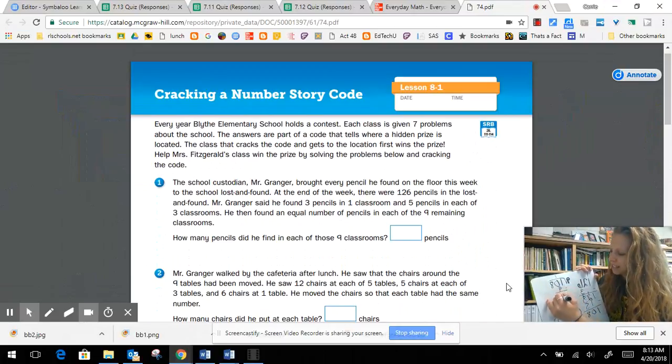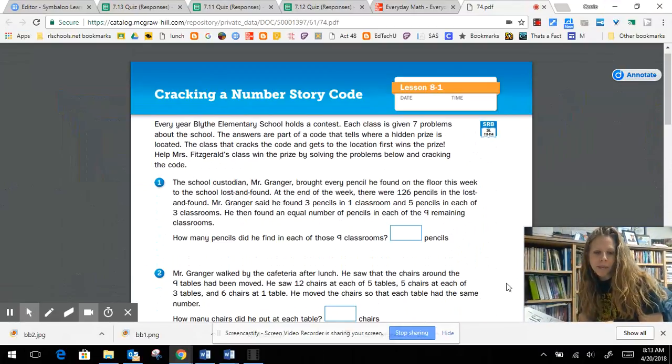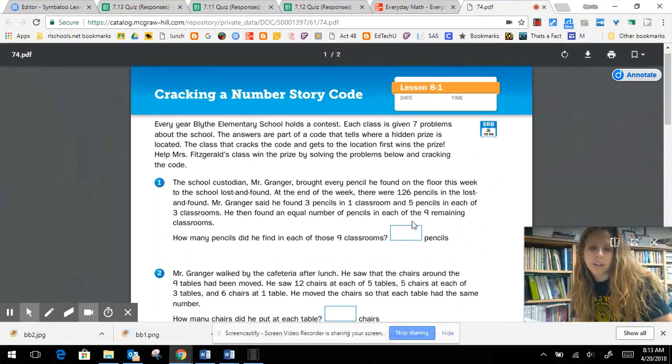I subtract. I bring down. 9 goes into 18 2 times. 2 times 9 is 18. I have no remainders, and therefore my answer is 12. So in each of the remaining classrooms, there were 12 pencils. So I would write that answer right here.